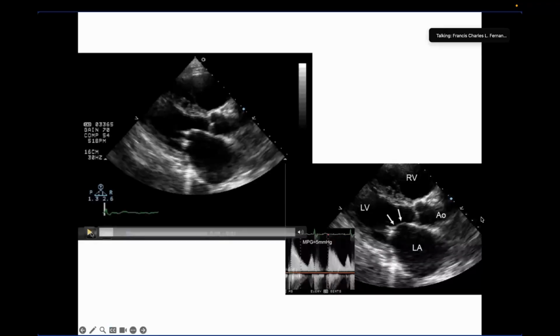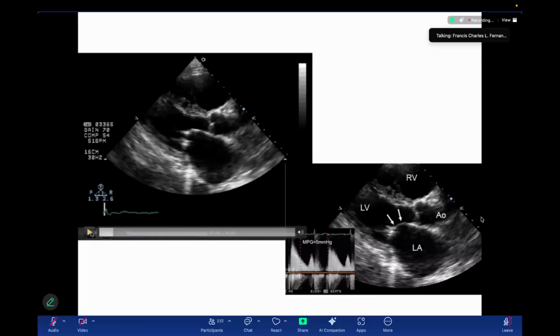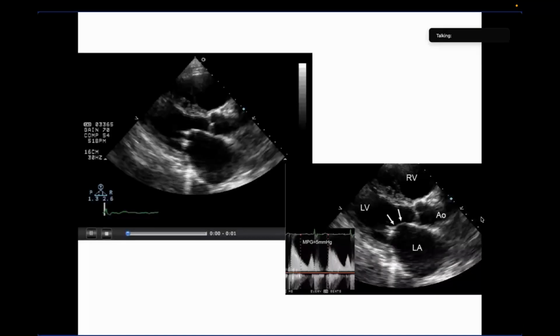Is this in systole or diastole? Systole, po daw. Systole, the aortic valve is closed. Diastole po daw. Diastole. But look at the motion.